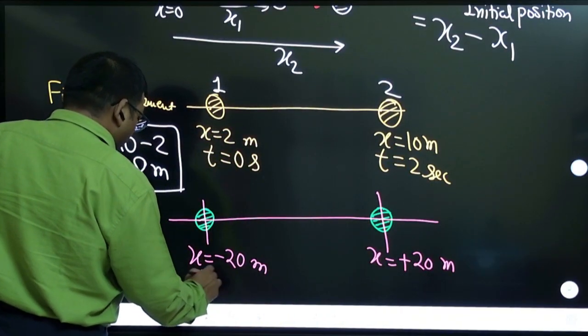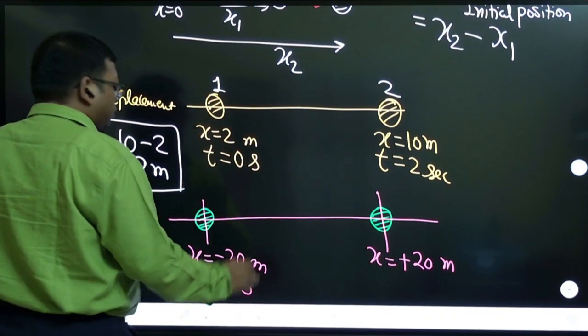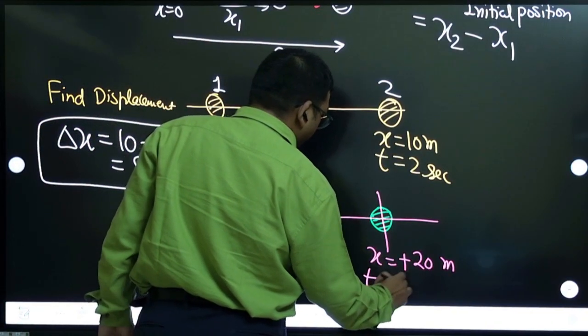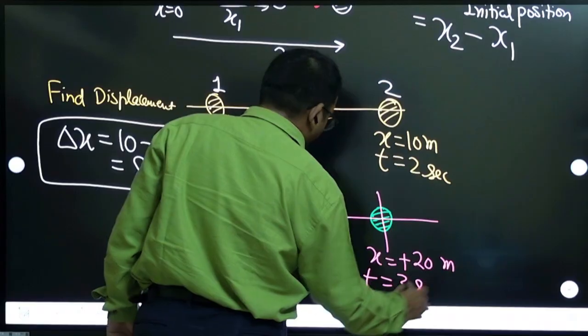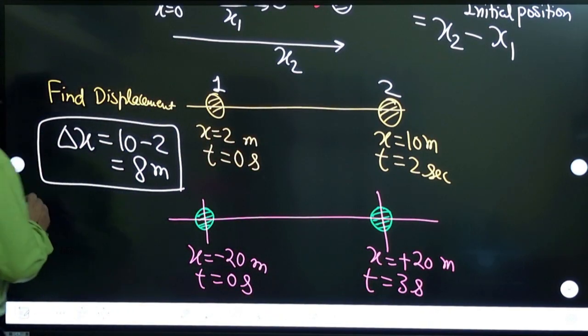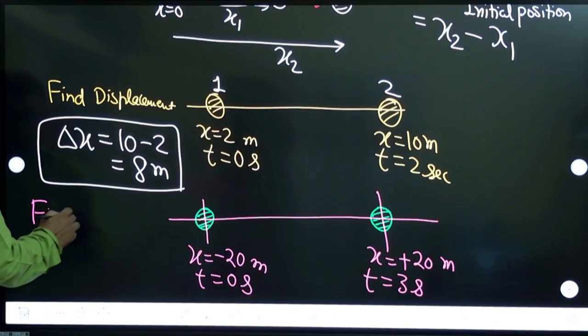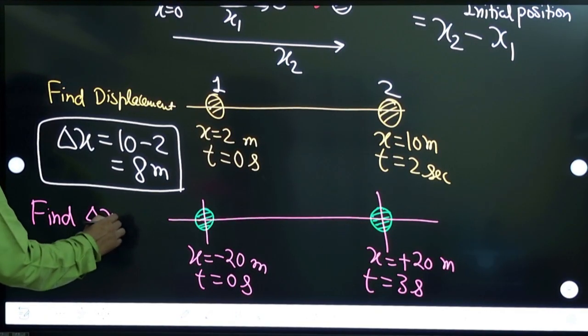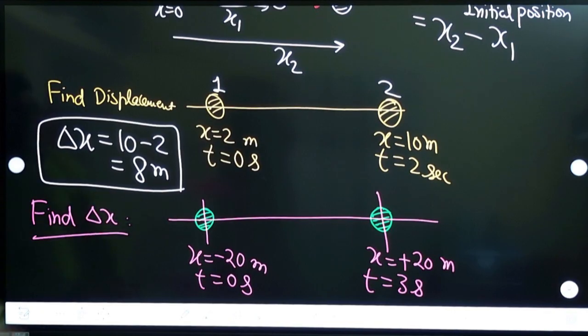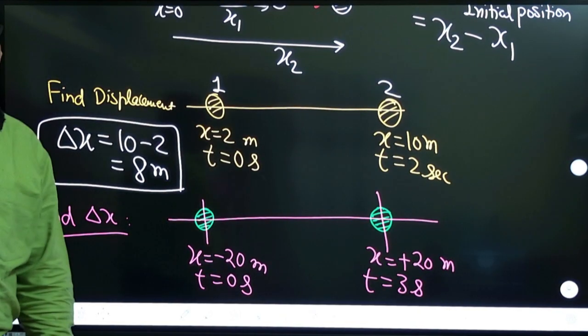This was the time when 0 second, and this is the time when 3 second. So find displacement, find delta x, give the answer.